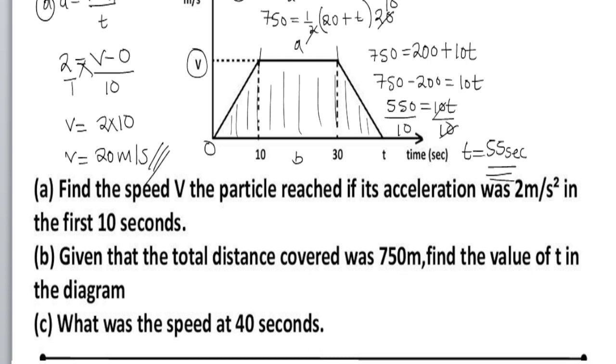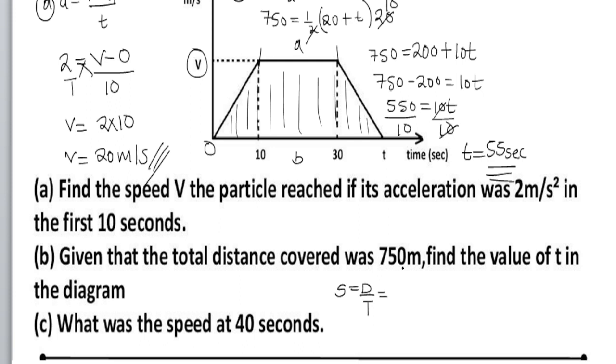We now answer the other question, which says, what was the speed at 40 seconds? So how do we find the speed at 40 seconds? Now this is easy. We know that speed is given by distance over time. So this will be equal to, the distance is what?